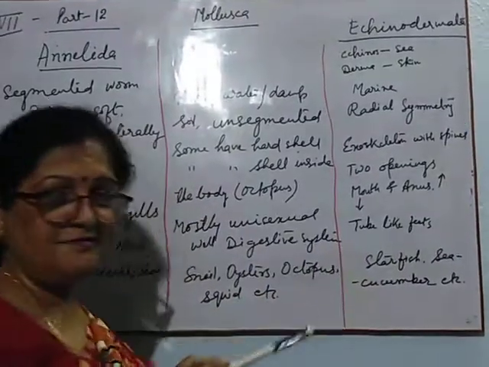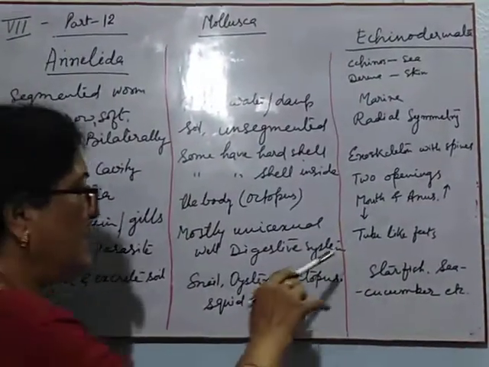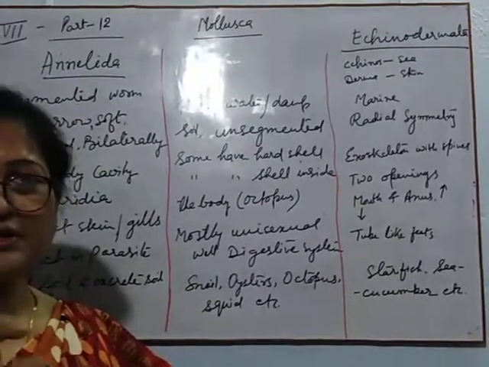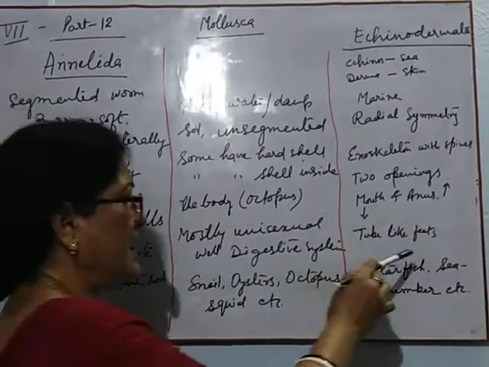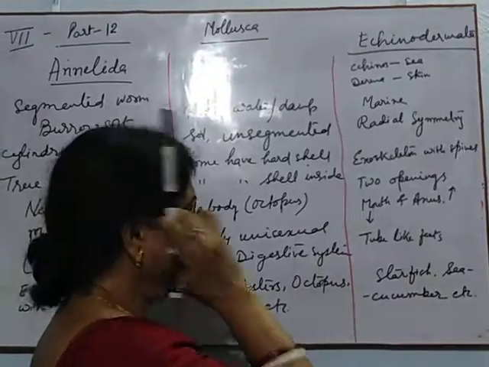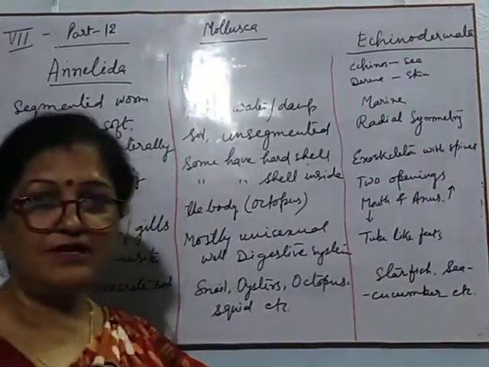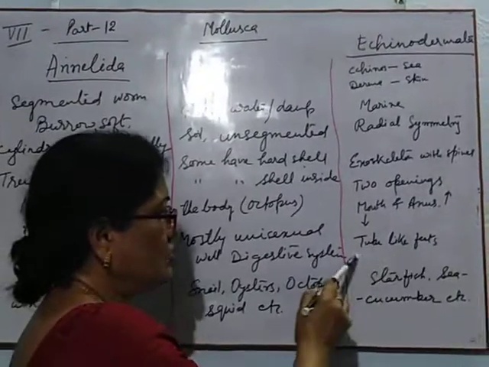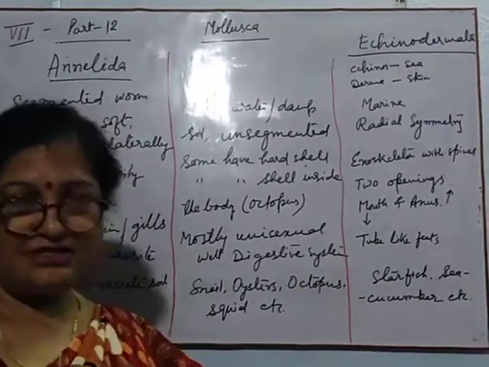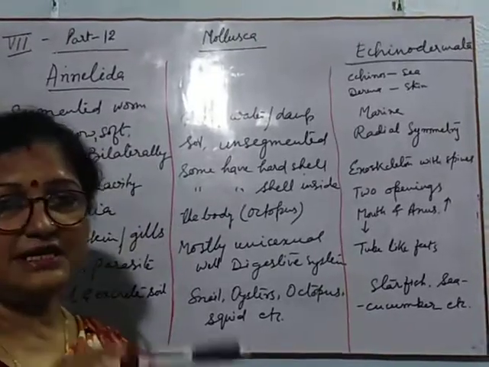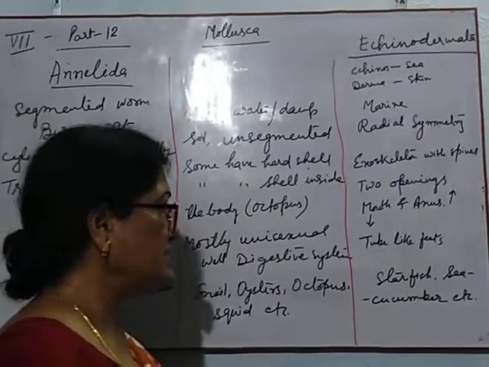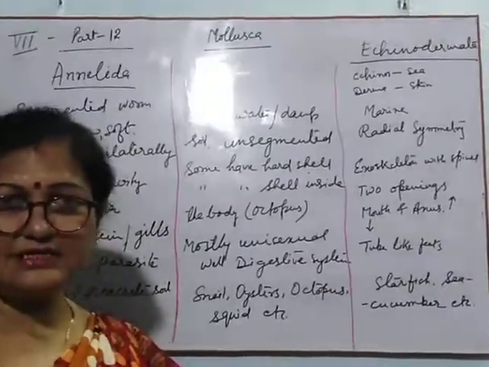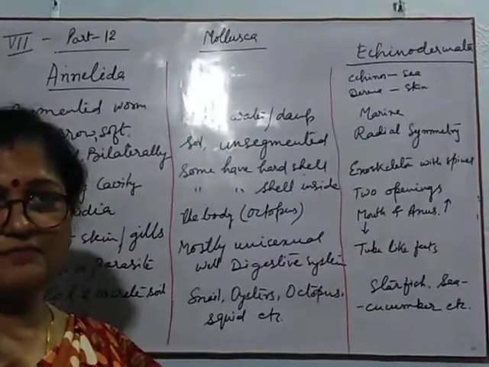For their movement, they have tube-like, cylindrical, pipe-shaped feet, due to which they can move from one place to another. These feet also help to catch their prey, and second, for locomotion. Some have suckers at the tip of the feet.